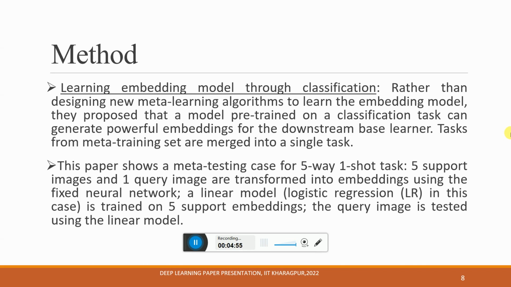So the goal of meta-training is to learn a transferable embedding model, which generalizes to any new task, rather than designing a new meta-learning algorithm. Pre-training on a classification task can generate powerful embeddings for the downstream learner. In this task, basically, they merge tasks from the meta-training set into a single task.